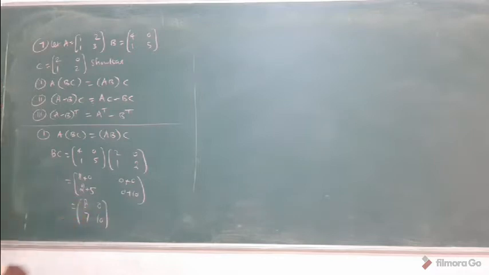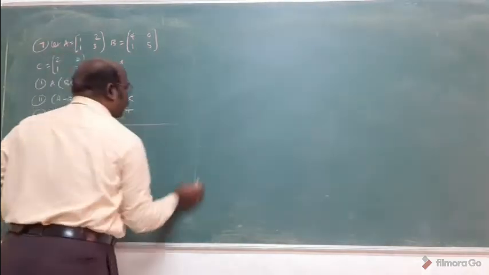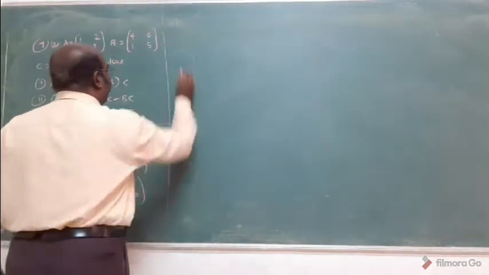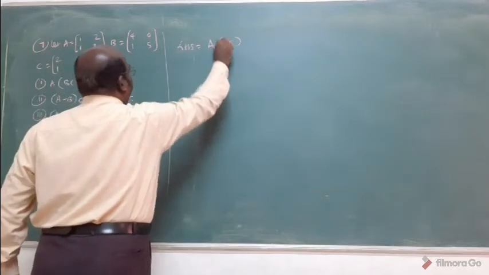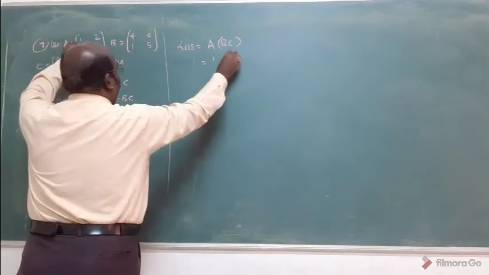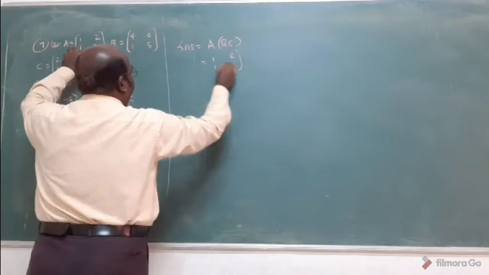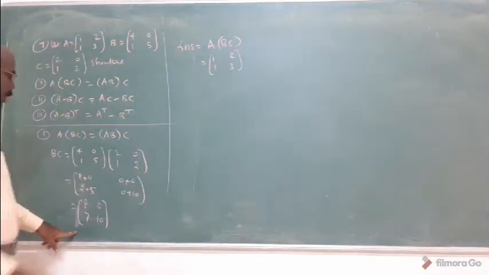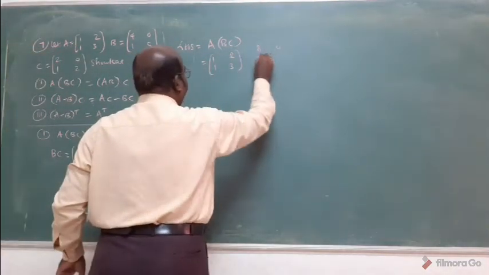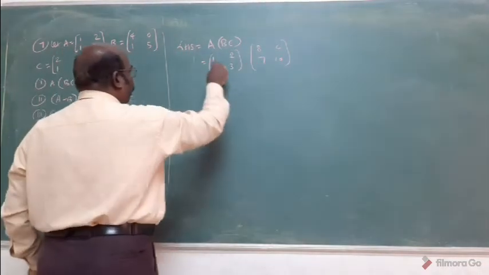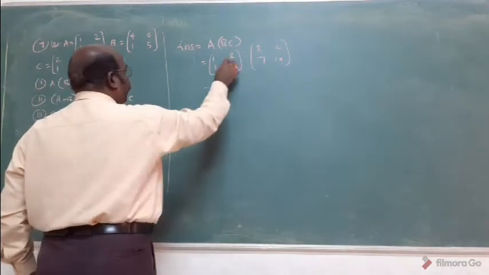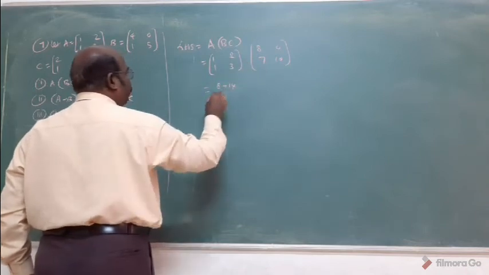This is this. Now what I told you? Write the whole thing, the left hand side. What is the left hand side? This is the left hand side. LHS equal to A with BC. Am I correct? A is already given, 1 2 1 3. The BC we already found, 8 0 7 10. Now what is first: 1 8 is 8, 2 7s are 14.